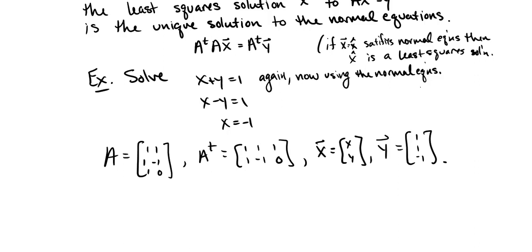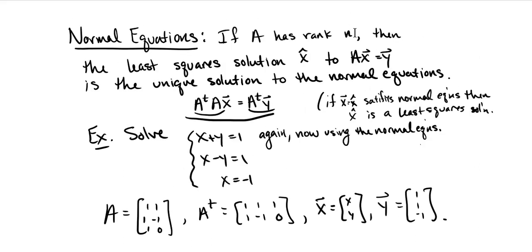Right. So with this setup, it becomes very easy. All we need to do is compute what A transpose A is, and compute what A transpose Y is, and solve this system that you get for x. The system itself is inconsistent, but once you multiply by A transpose, what's really happening here is if A has rank n, then A transpose A, remember, has to be symmetric. And if a symmetric real matrix has rank n, we know it's going to be invertible.